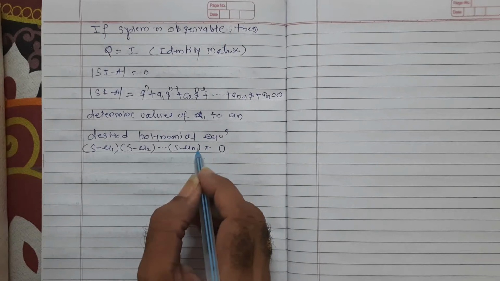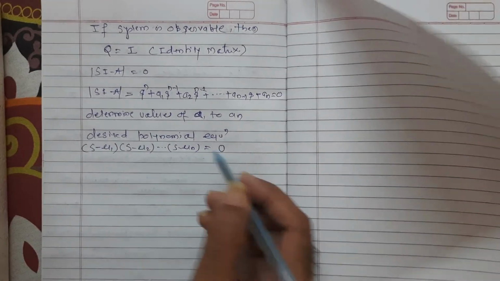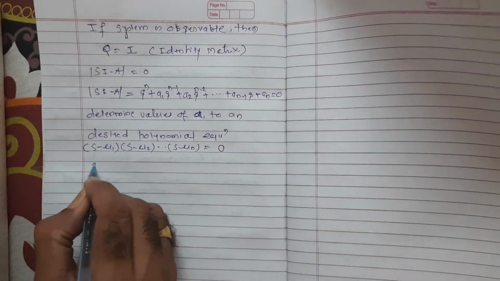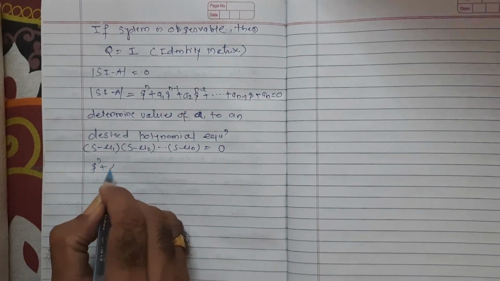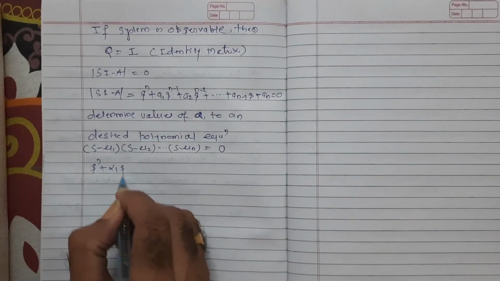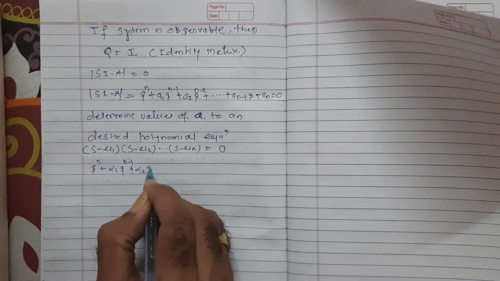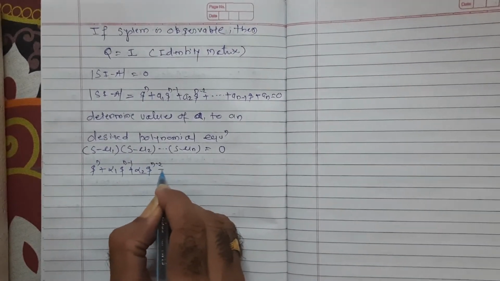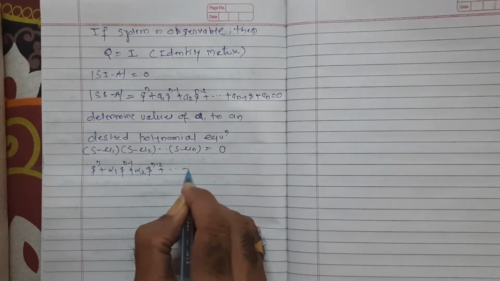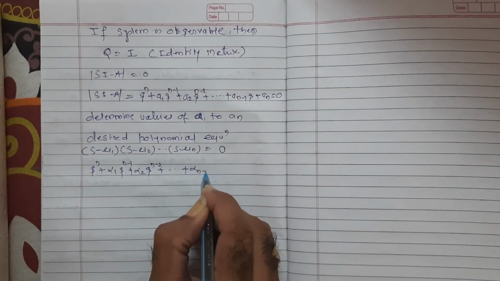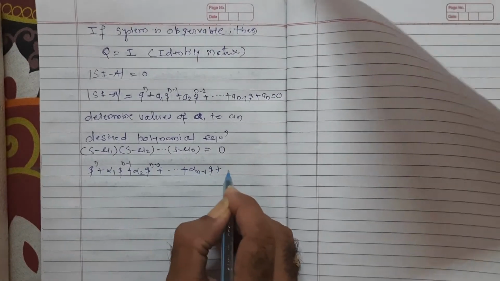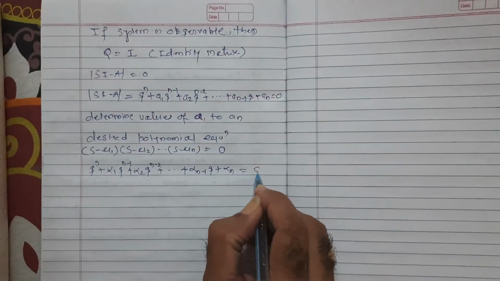We put the values of mu1, mu2 up to mun here, then we get s raised to n plus alpha 1 s raised to n minus 1 plus alpha 2 s raised to n minus 2 plus so on, plus alpha n minus 1 into s plus alpha n, equal to 0.